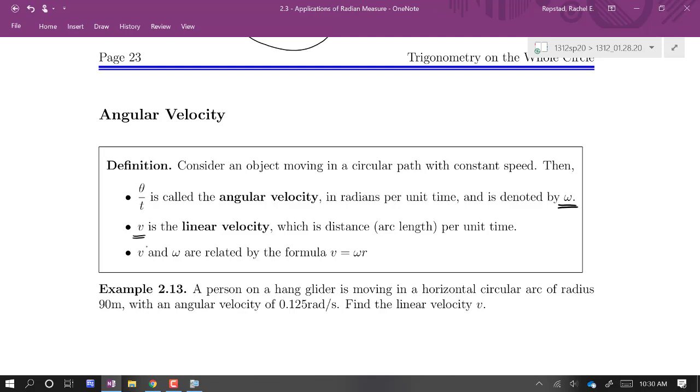So v has units like centimeters per second, feet per second, or kilometers per minute, and omega has units like radians per second or radians per minute. They're related by the formula v equals omega r. You get the linear velocity by taking the angular velocity and multiplying by the radius, a scalar. The bigger the radius, the faster you're moving around, and that makes sense to us.